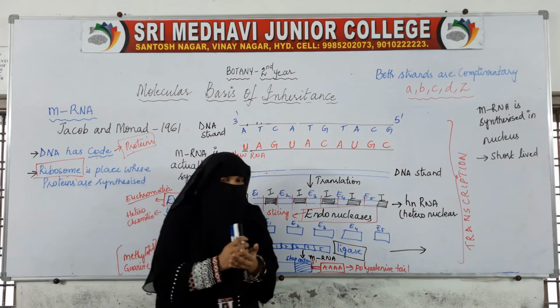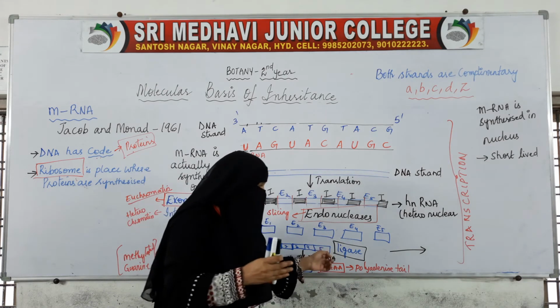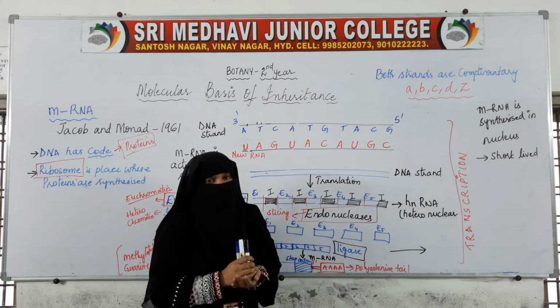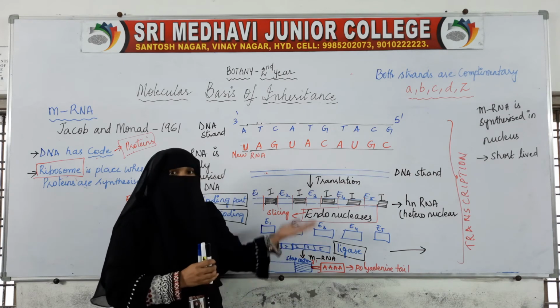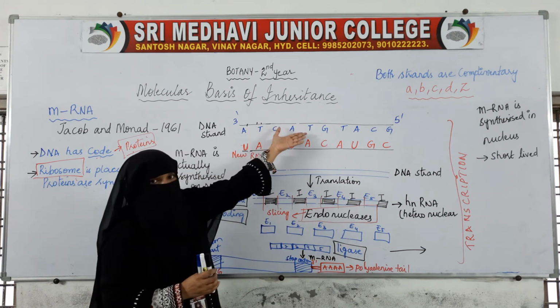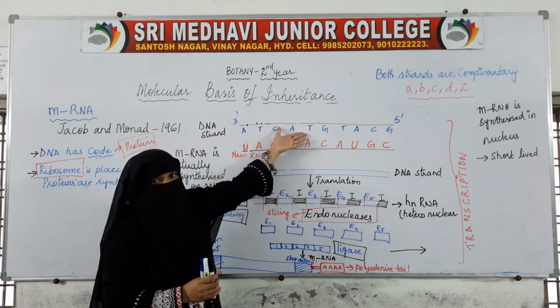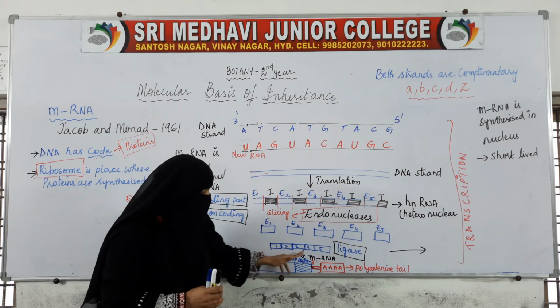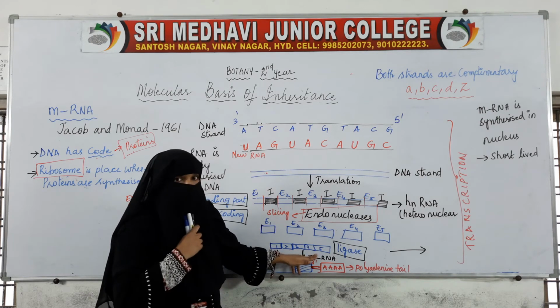The code is there so that the ribosome can synthesize the protein. mRNA has taken the message from DNA in the form of code.